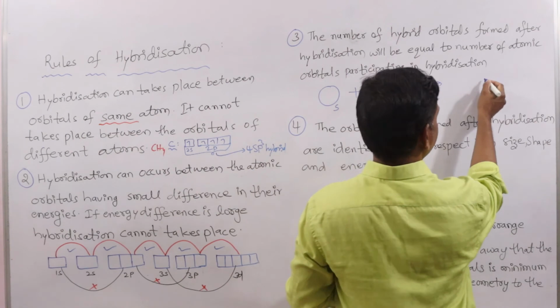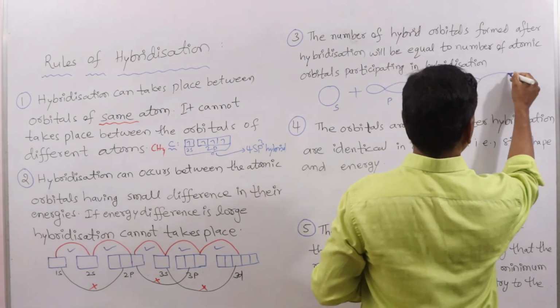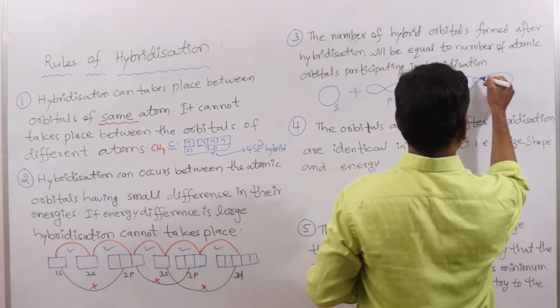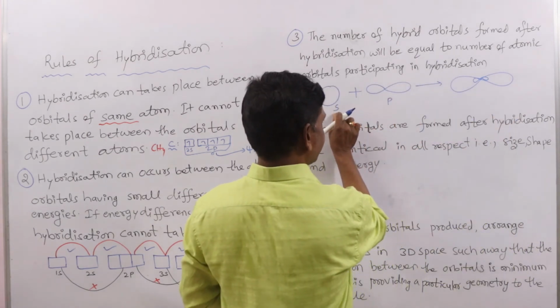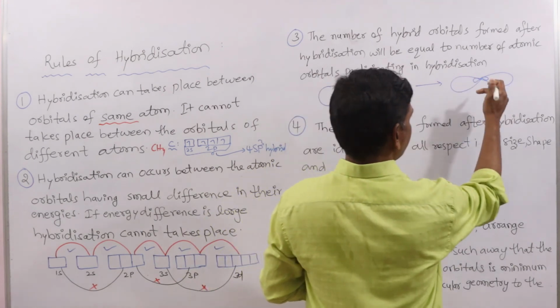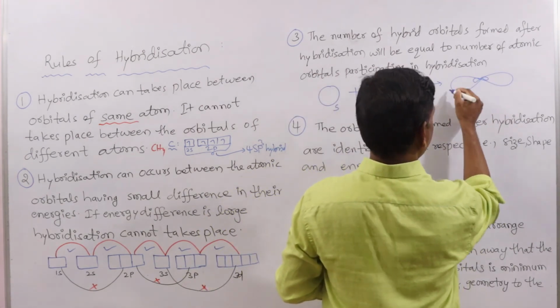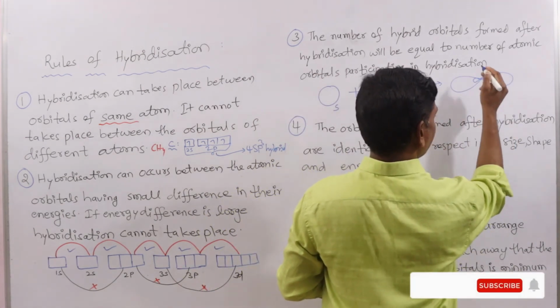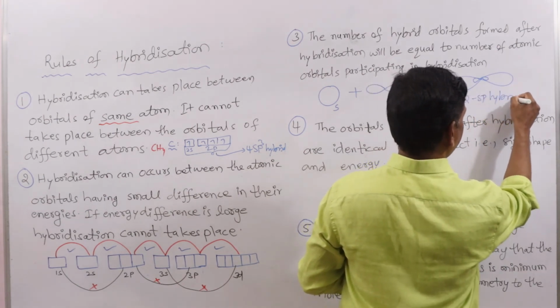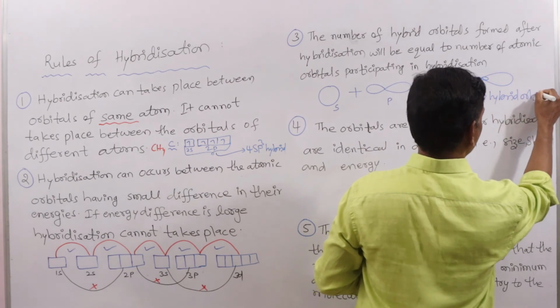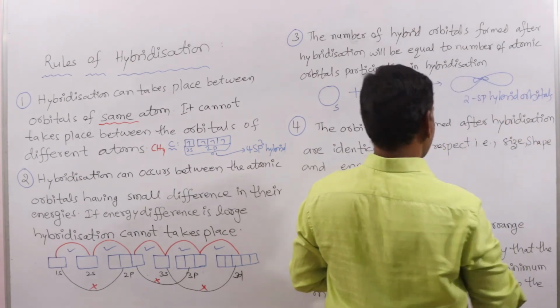This is the notation of hybrid orbitals: this is one hybrid orbital, this is the second hybrid orbital. So 2 sp hybrid orbitals.